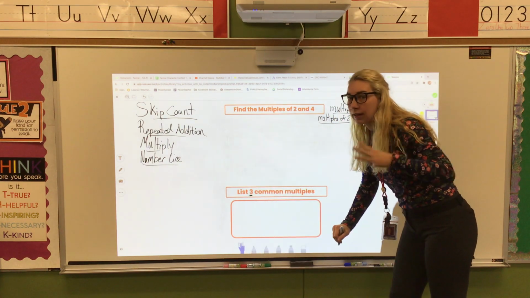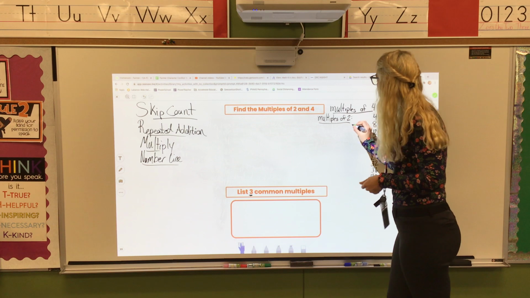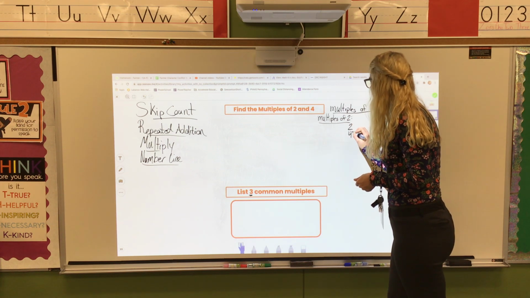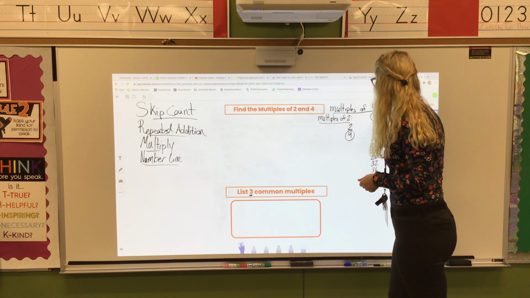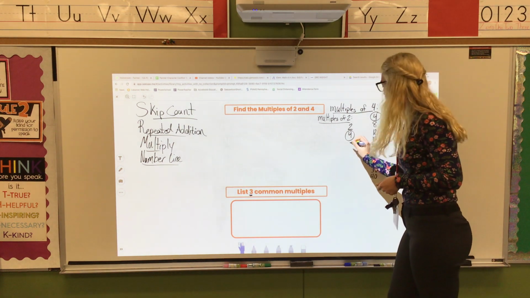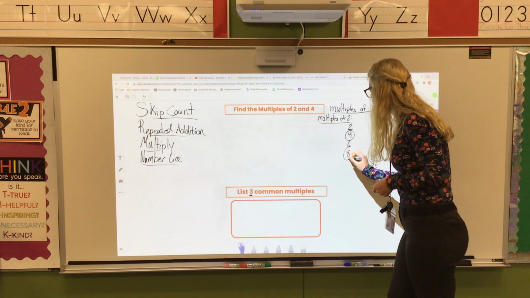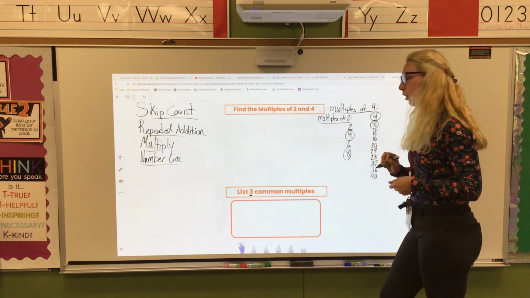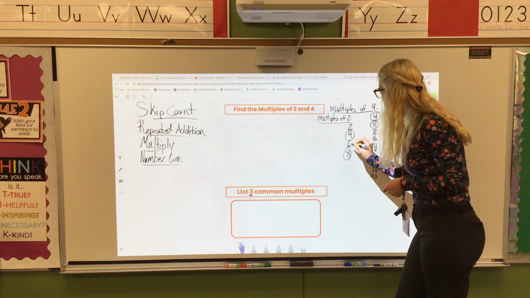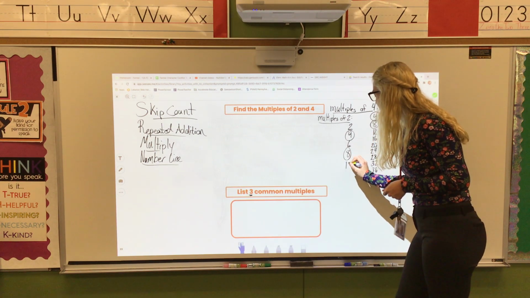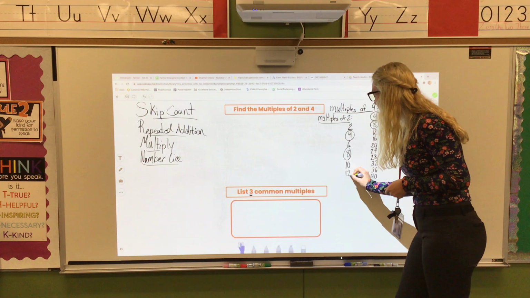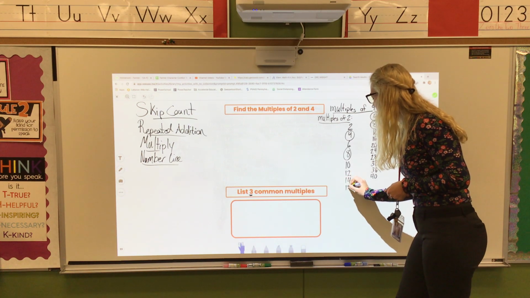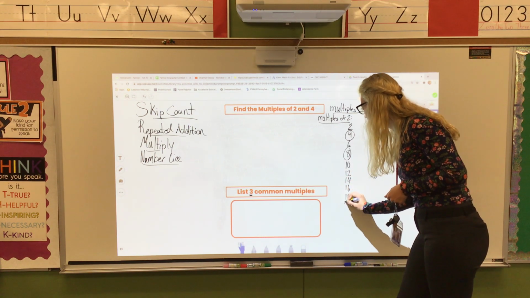So when I find 3, I'm done. I'm going to go 2, 4. Oh my goodness, 4 is already a common multiple. 6, 8. Oh my goodness, 8. I know there was an 8 over there. 2, 4, 6, 8. What comes next? 10, 12, 14, 16, 18, 20.